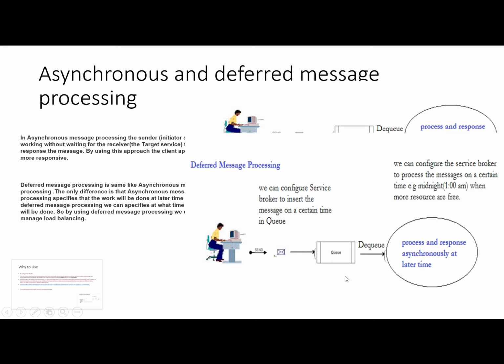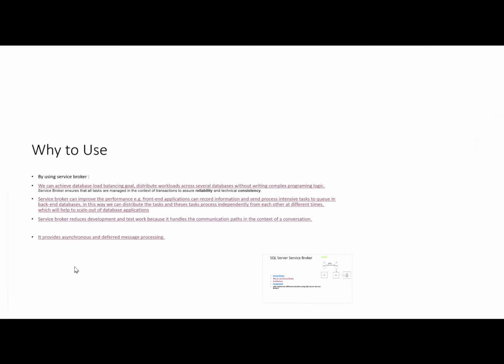This is the same as scheduling database backups, where the system takes the backup of the database at midnight when the resources are free and there is no load on the system. So we can achieve this goal by using the service broker. So these are the main uses of the service broker.